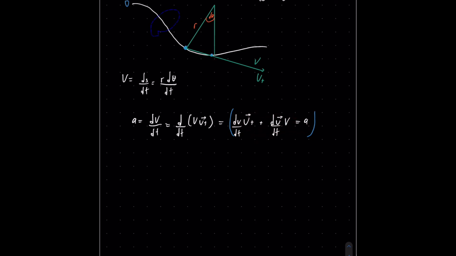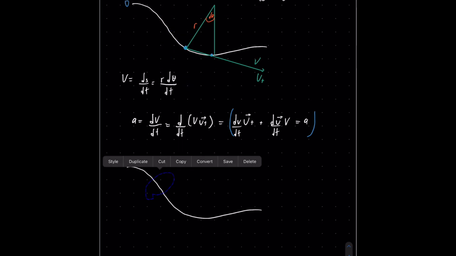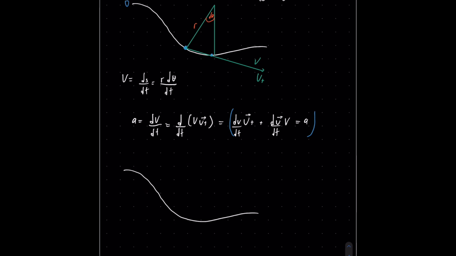Well, let me show you. Recall that we're going to have a velocity vector. This is the velocity vector of the velocity we just found. Now the velocity is changing. That means there's going to be a changing vector, a changing tangential vector, as it says here.